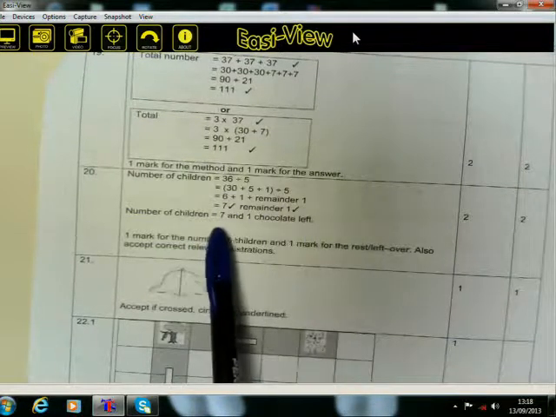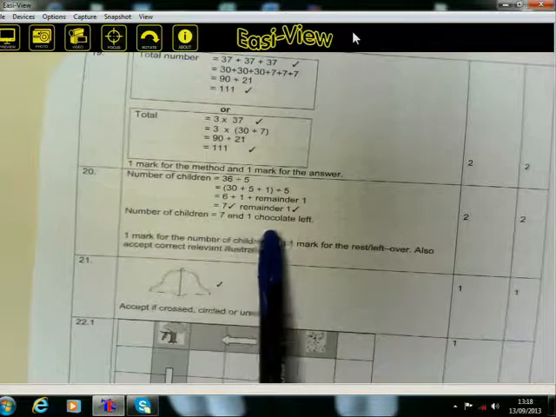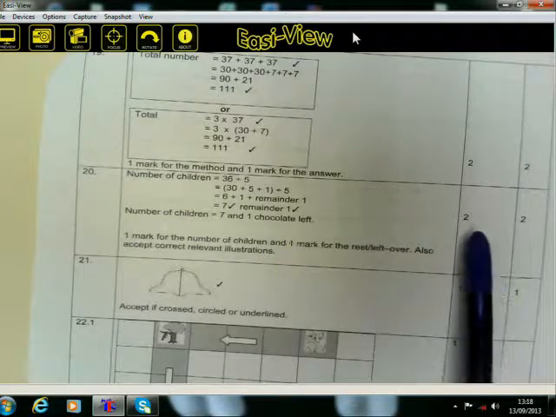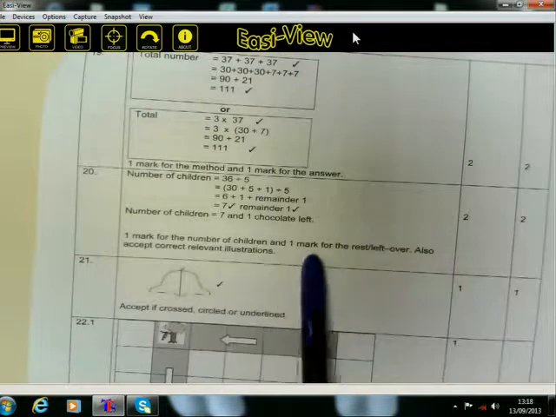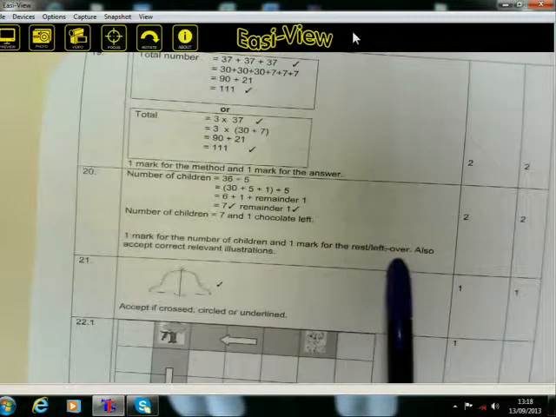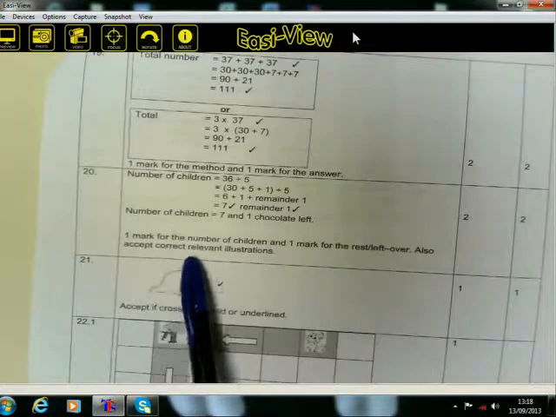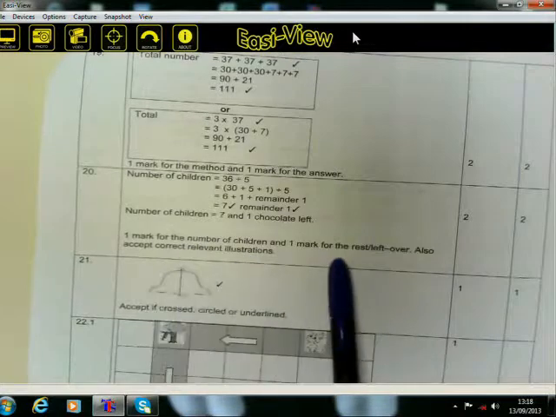The number of children will be 7, and 1 chocolate was left. We will give 2 marks for that, 1 mark for the number of children, and 1 mark for the leftover. Also accept correct relevant illustrations.